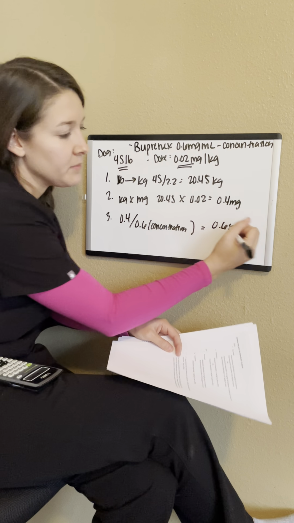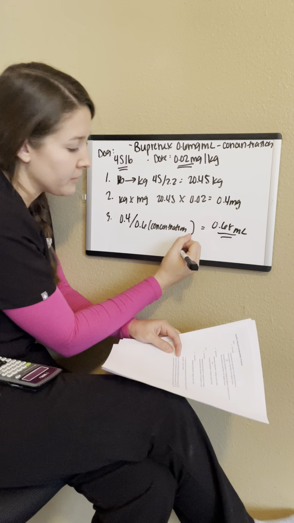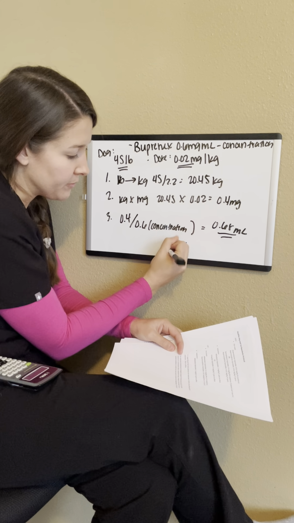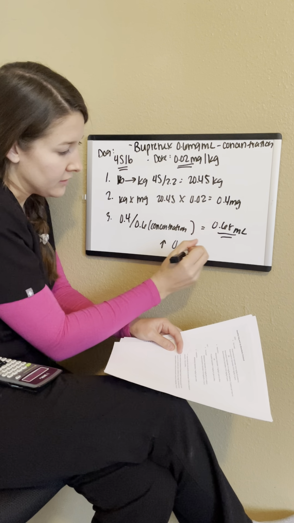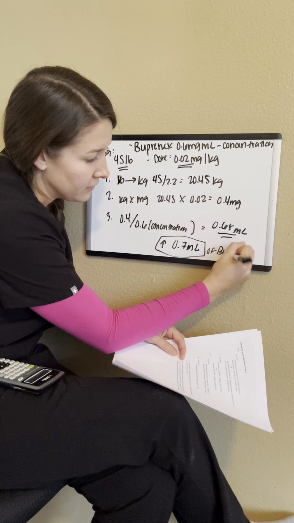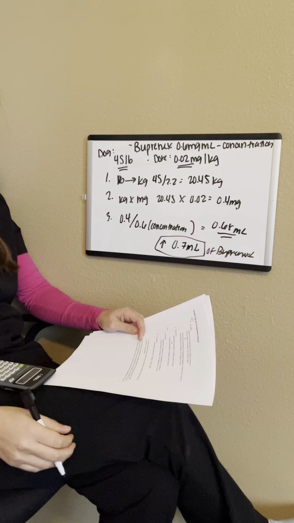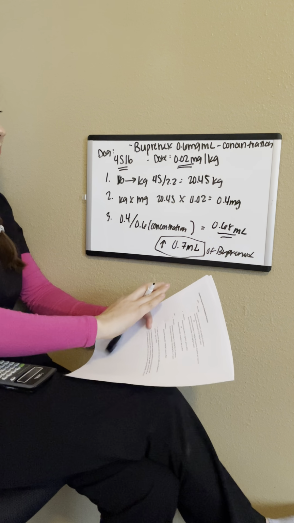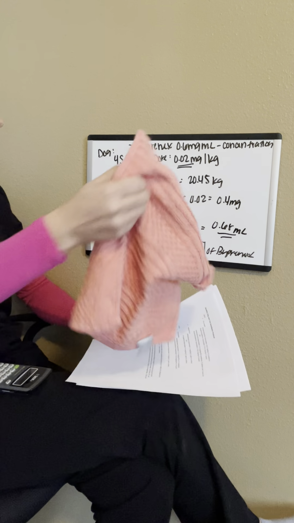So that is going to be the amount you're going to be giving to your patient. So I would pretty much round that up to 0.7. So you would be giving this patient 0.7 mils of Buprenex. And that's how you do it. So not too bad. Let's do another one.